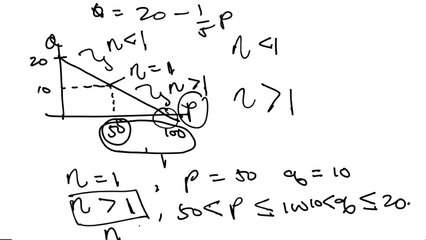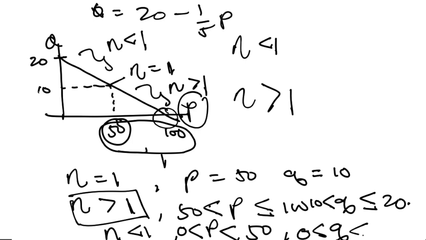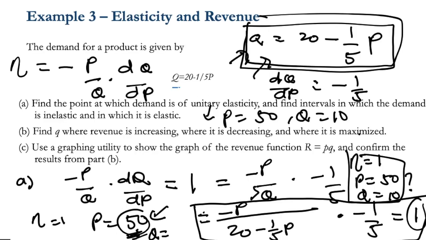Elasticity is less than 1, okay? When price is greater than 0 but less than 50, and quantity greater than 0 and less than 10. Okay, this one. Is it clear? So that's the answer for A.